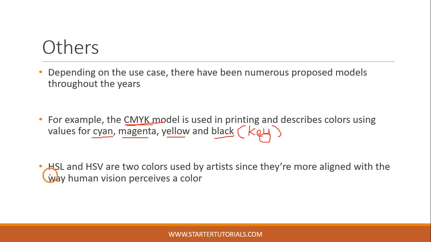There are also other models like HSL and HSV, which are frequently used by artists. HSL means hue, saturation, lightness, and HSV means hue, saturation, and value.